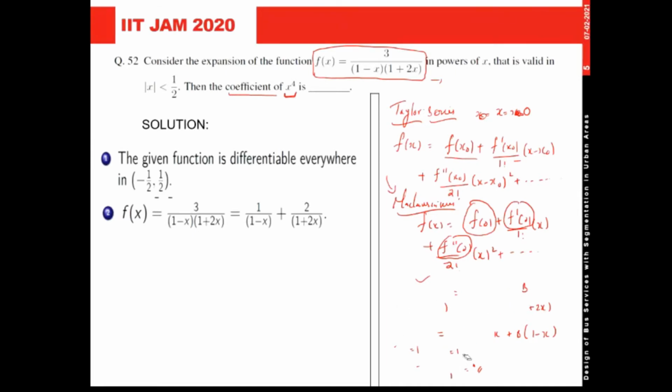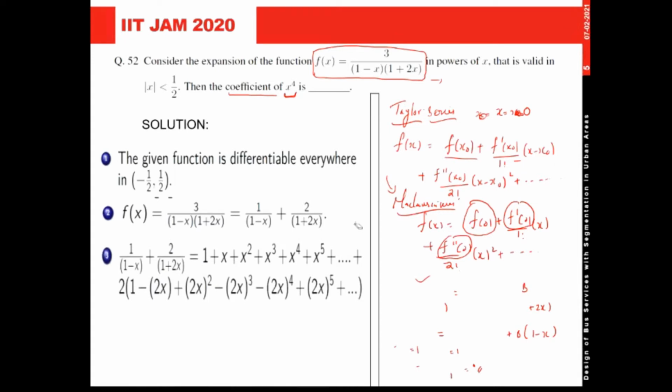Now, you all know this expansion, right? The expansion of 1 by 1 minus x is 1 plus x plus x square plus etc. This is something like a binomial series, and it is valid when mod x is less than 1.